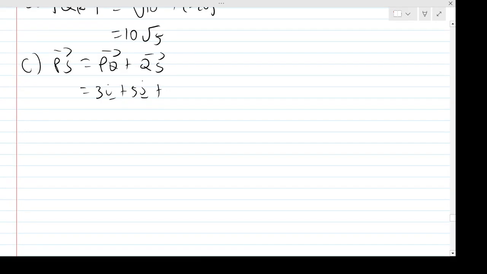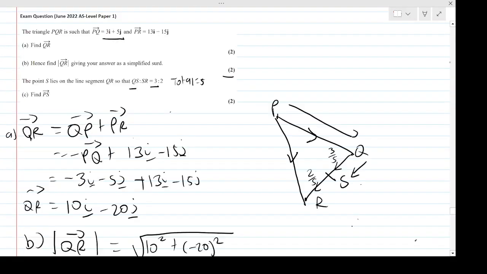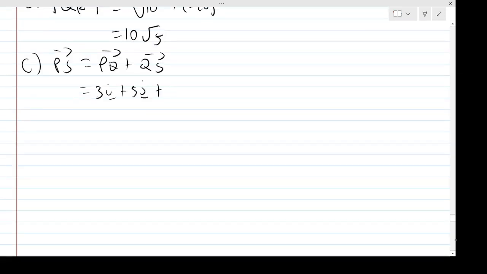Now Q to S, as we discussed, is 3/5 of the whole line QR, 3 out of 5 of QR.